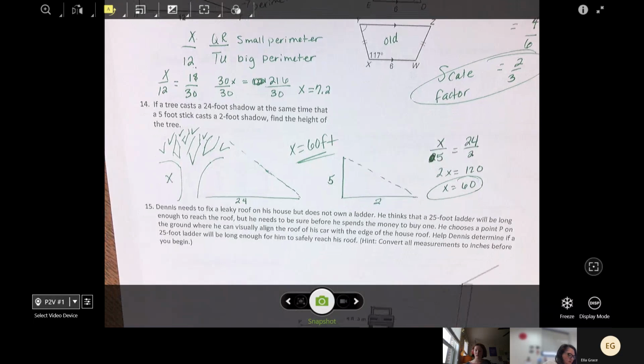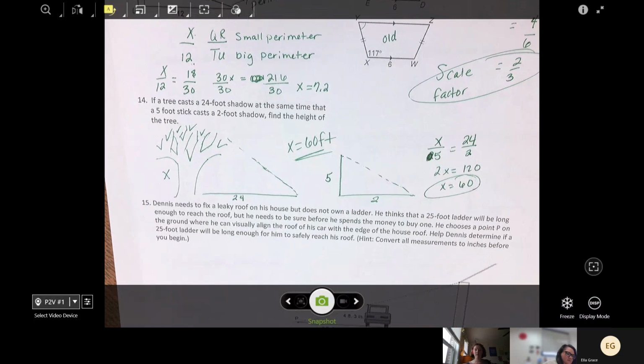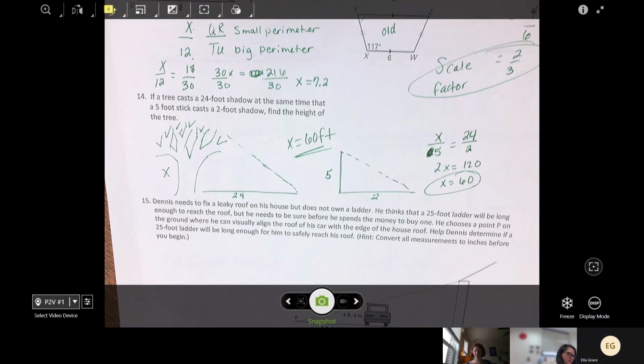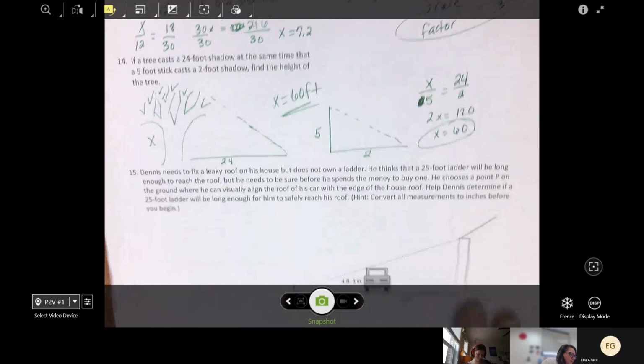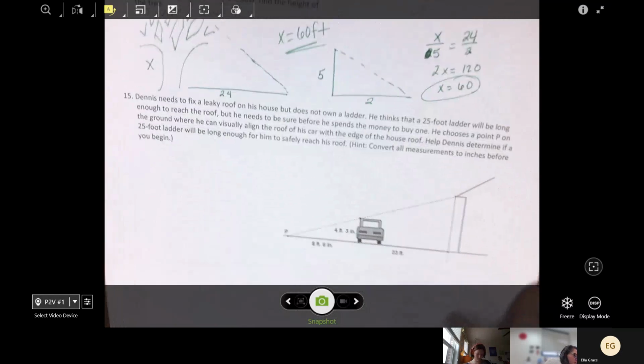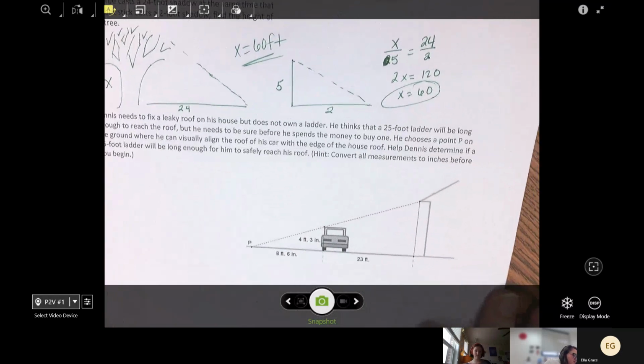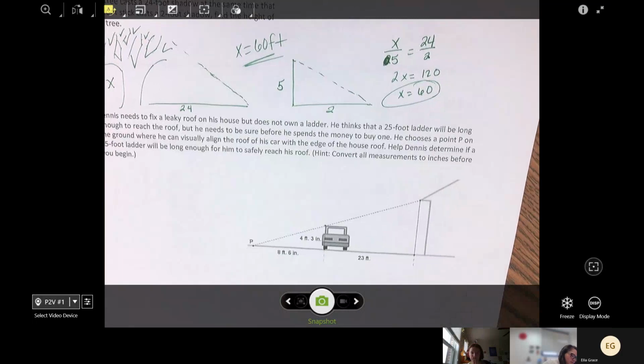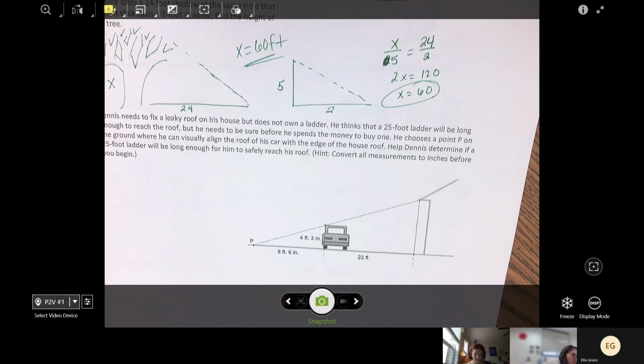All right. Can I move on? Yes. Okay, so the last one, don't let word problems scare you. Dennis needs to fix a leaky roof on his house, but does not own a ladder. He thinks that a 25-foot ladder will be long enough to reach the roof, but he needs to be sure before he spends the money to buy one.